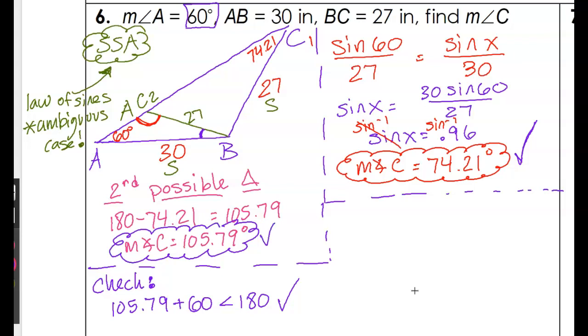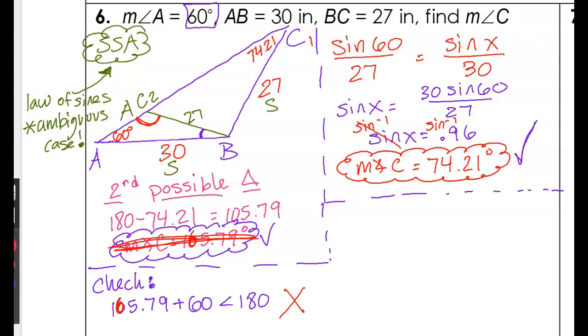If when you were solving this, say don't write this part. Say instead that you solved this and it had been 165.79. Is 165.79 plus 60 less than 180? No. So what you do is you just don't circle the second one, and this would be a one triangle problem.